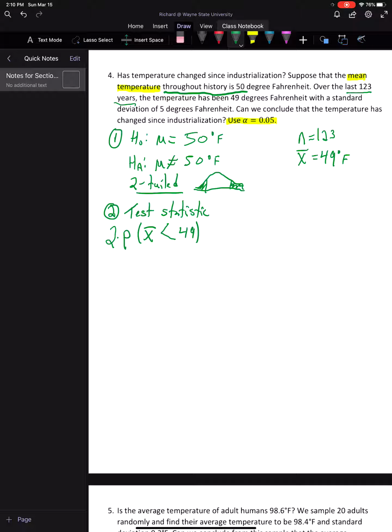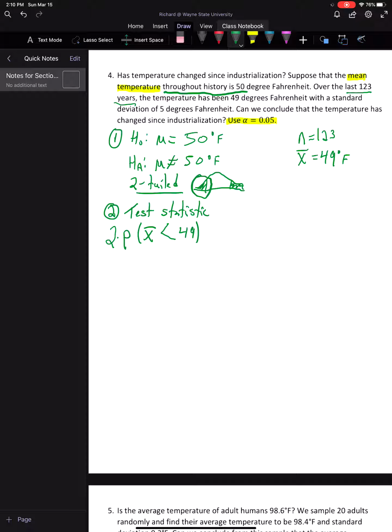And what that's going to do is it's going to give us both areas in the tails. So once again, because this is two-tailed test, we want area in the tails, okay? And we have that if we find the area that's located here, that's going to be less than, right? And that's how our chart reads. So we can take the x bar to be less than 49. And since I want both areas and it's symmetrical, we have to multiply by 2. So it's easy to remember, two-tailed test multiplied by 2.